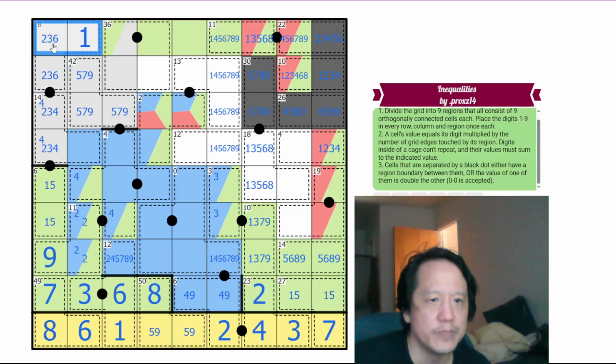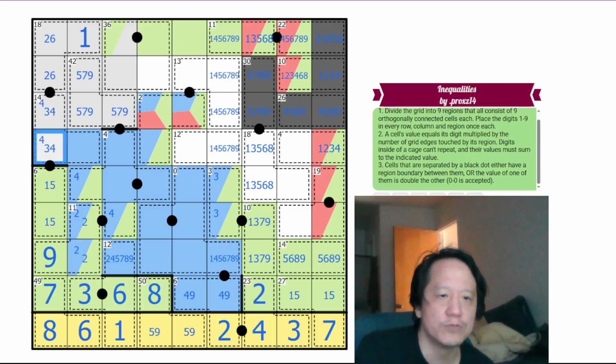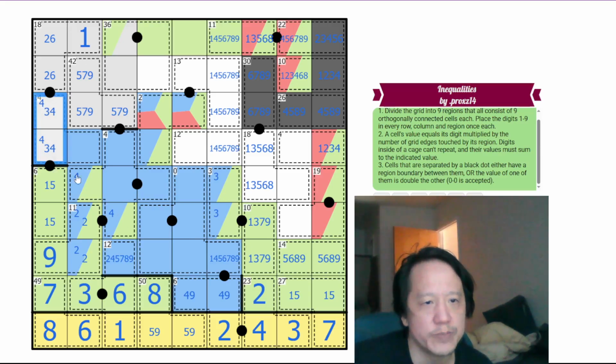And it cannot be 1, 2. It has to be 1, 2, and 6, adding up to 9, which is doubled to 18. That eliminates 2 in the rest of the column, so this is 3, 4 as a pair. That is 7 doubled, adding up to 14. So this becomes a 3, 4 pair.